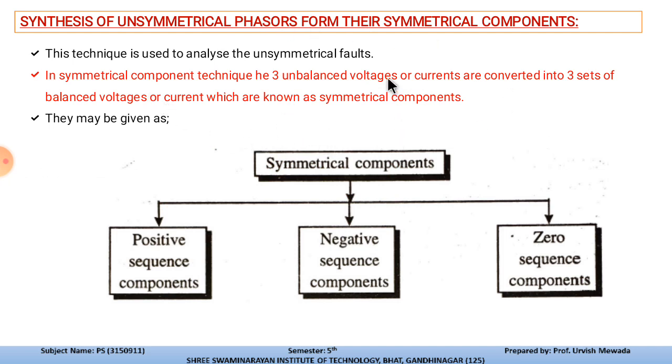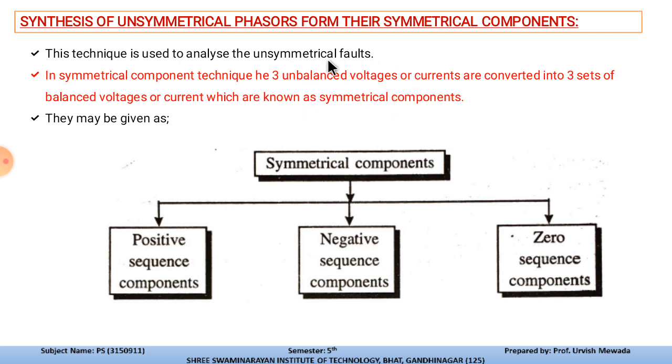This technique is used to analyze unsymmetrical faults. In the symmetrical component technique, we start with three unbalanced voltages. In a power system we have three phases, and when the system is healthy, meaning no fault has occurred, the system remains stable.